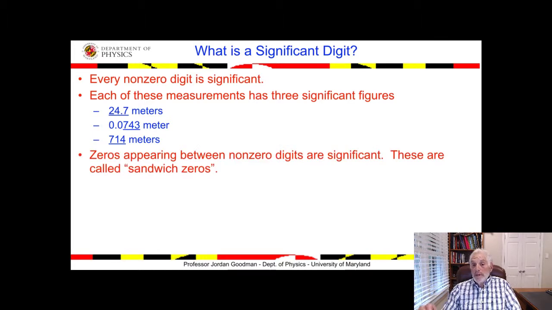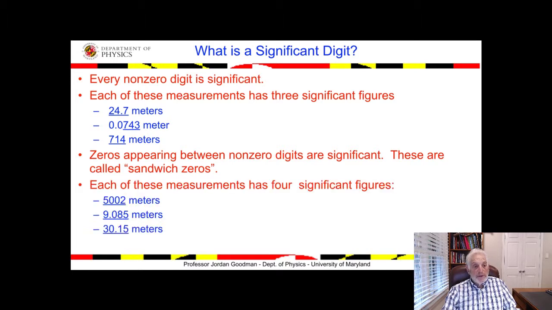Zeros appearing between digits which are non-zero are significant. These are called sandwich zeros. For example, in each of these cases, there are four significant figures. In the case of 5002, because these two zeros are sandwiched between two non-zero digits, they are significant.